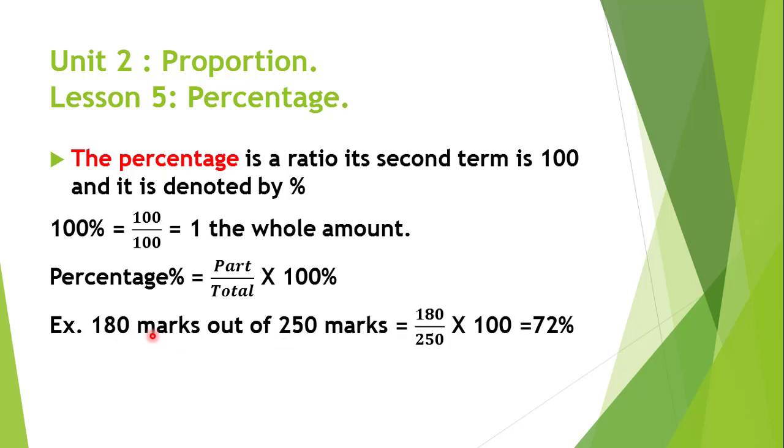If your mark is 180 out of 250, you can calculate your percentage by dividing the part, which is 180, over the whole amount, or the total, which is 250. So 180 over 250, then multiply by 100. The result will be 72%.